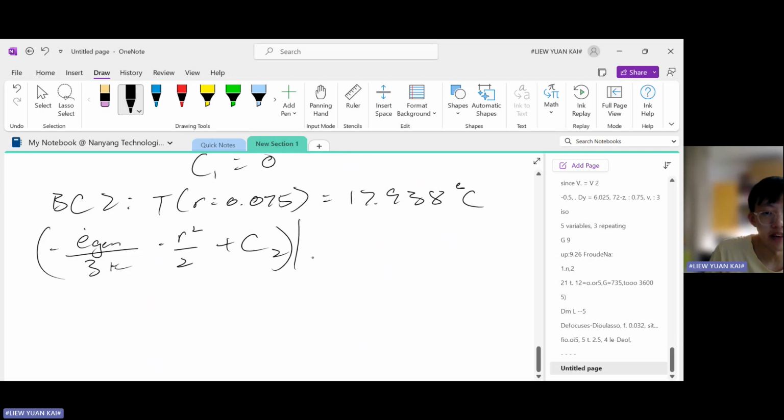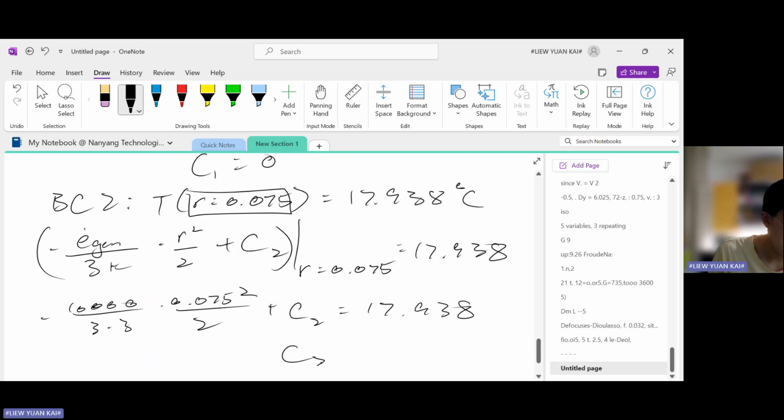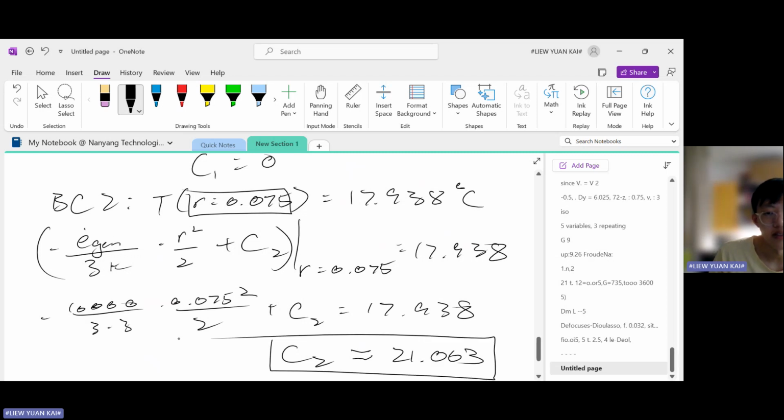This expression is evaluated when R is equal to 0.075, and is equal to 17.938. So you substitute in the values, and C2 will be equal to 21.063. So this is your value of C2.